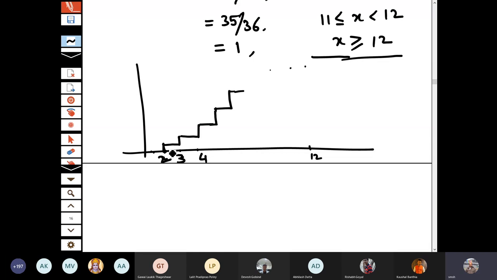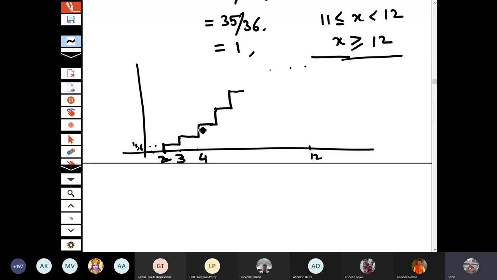For example, if you look at the first step from 2, the size of this is 1 by 36, which is the probability of X equal to 2. The size of the step at the point 3, that is the difference between these 2 points, is 2 by 36, which is the probability of X equal to 3.